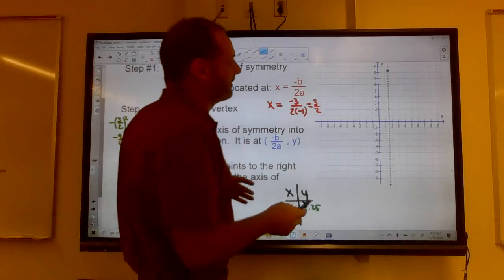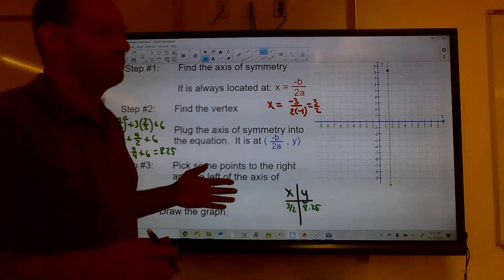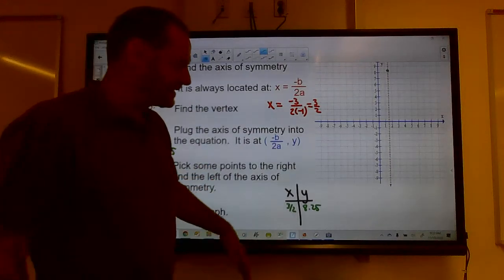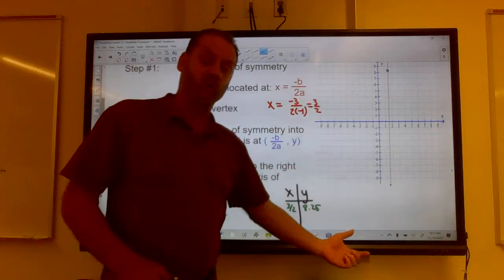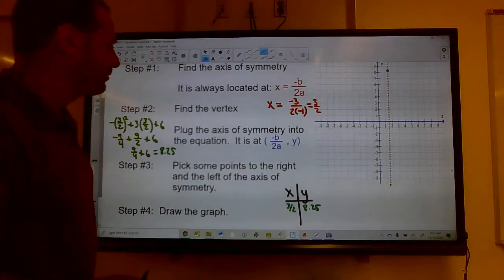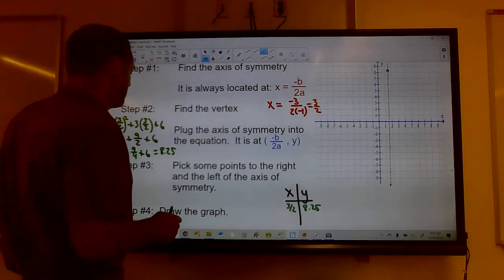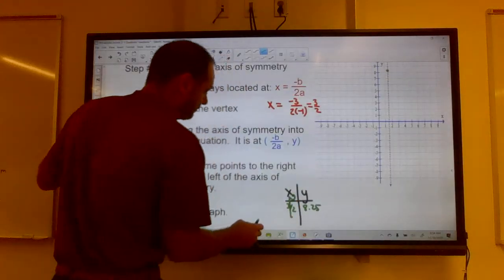You want to pick numbers that are fairly close to the axis of symmetry because if it's an upside down parabola, those numbers will get small really fast. If it's a right side up parabola, they'll get big really fast. So you want to pick something somewhat close. But I would pick 0 in this because zeros are really friendly.